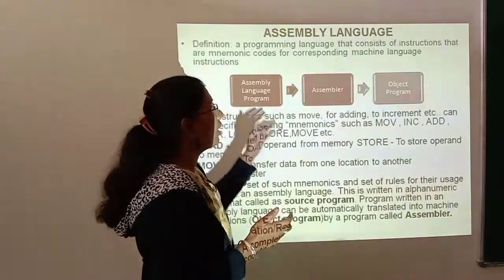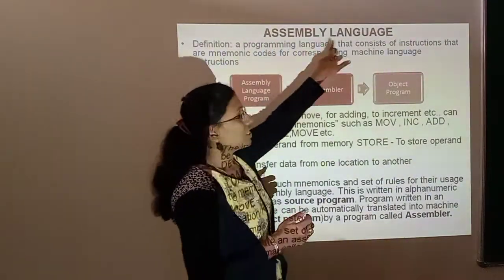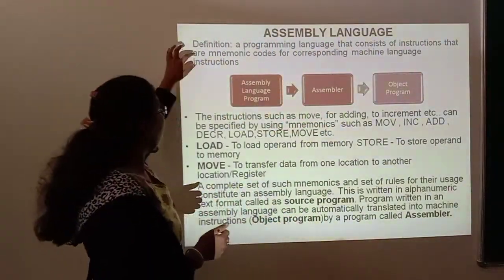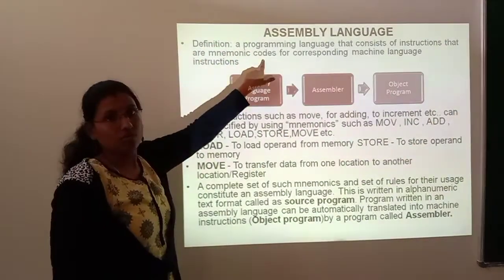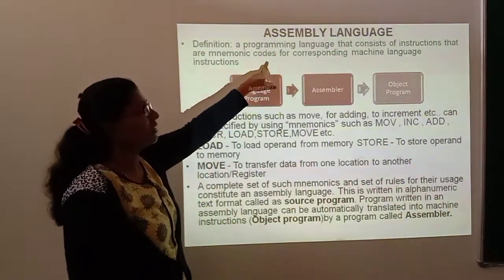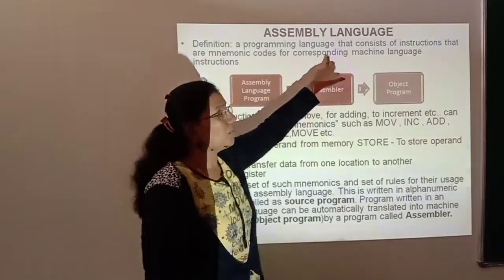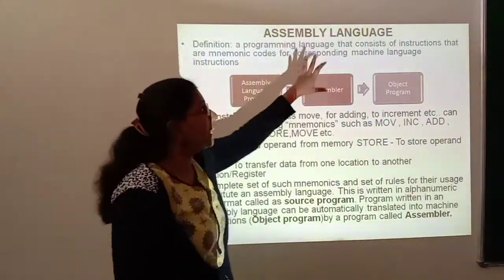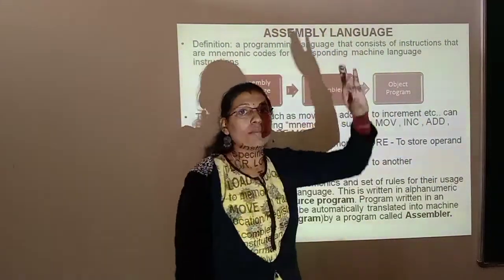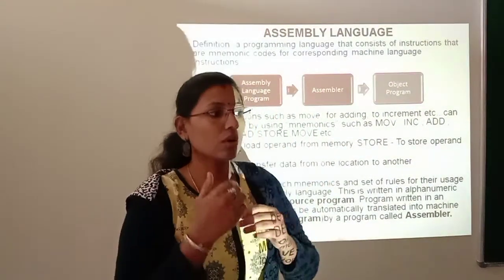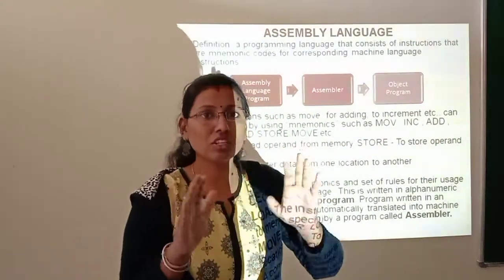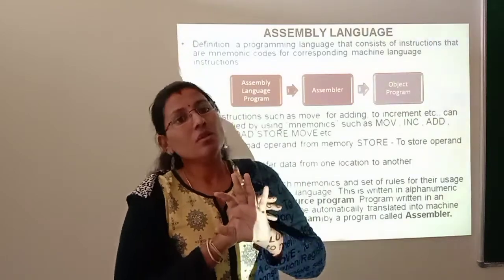So the programming language that consists of instructions that are mnemonic codes for the corresponding machine language is what we call assembly language. Assembly language means the program is written in the form of instructions, and that instruction we call a mnemonic code.